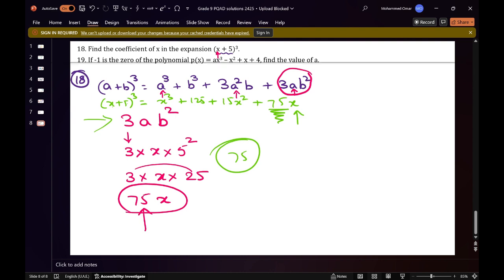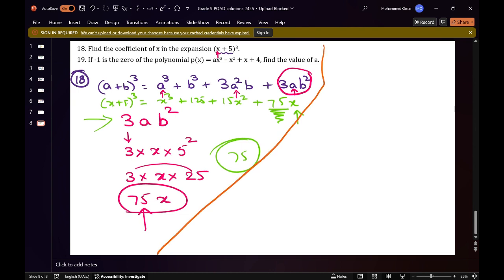Now let us see the next question in a different color so that you can enjoy. Okay, so now if minus 1 is the 0 of the polynomial, what does the 0 of the polynomial mean? If a is 0 of any polynomial, let us say p of x, then p of a is equal to 0.